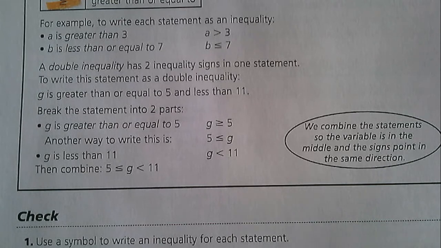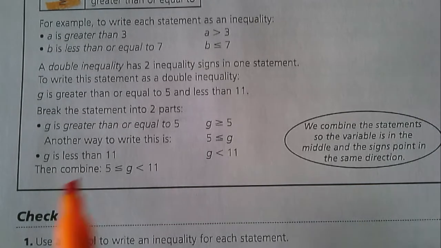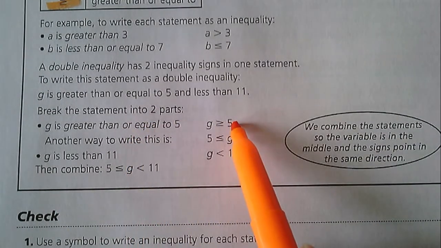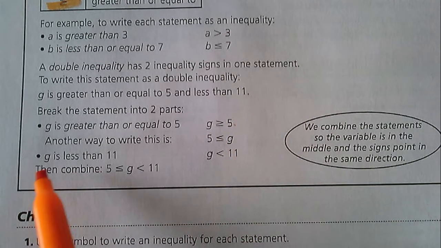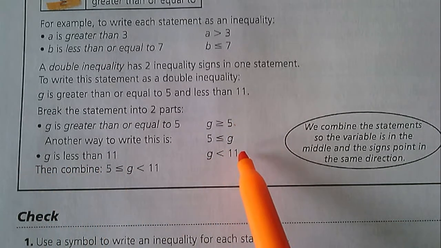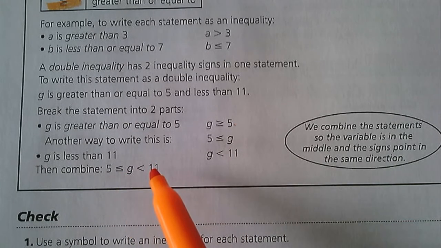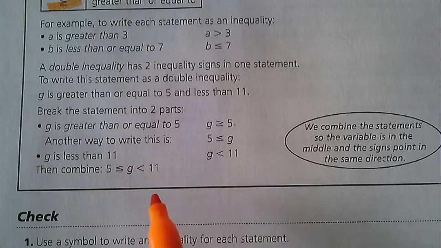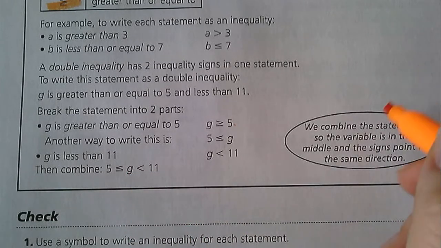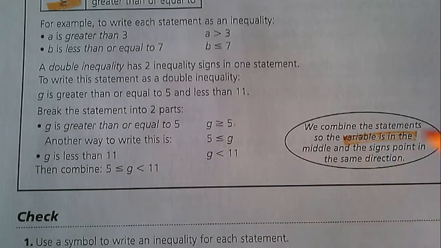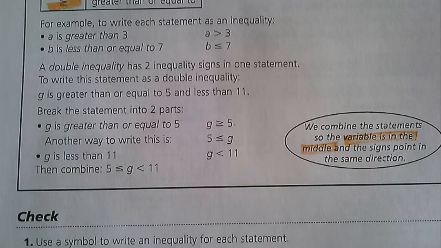They broke it into two statements. G is greater than or equal to 5, and they wrote that here. They also broke it into another statement and said G is less than 7, so they wrote it like that. Then they combine the complete statement together. When you do this, your variable should be in the middle. So when you combine the statements, make sure your variable is found in the middle.